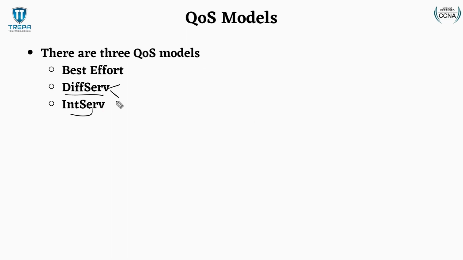Diffserv is the one we focus on, the one that when we implement QoS, we're implementing a diffserv architecture or topology across our enterprise. Best effort is considered a QoS model, but not really, and this will make sense in the next slide. Then integrated services is going to be application-based and using the resource reservation protocol.